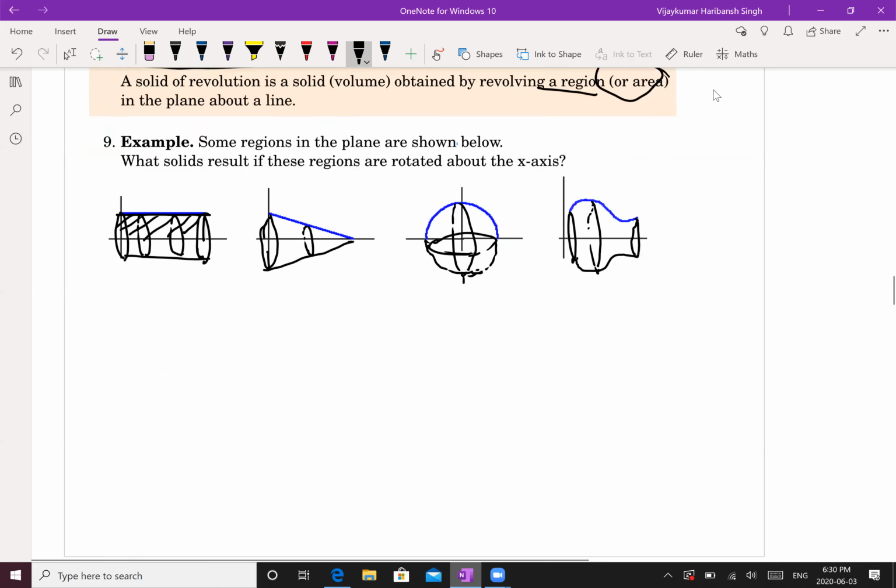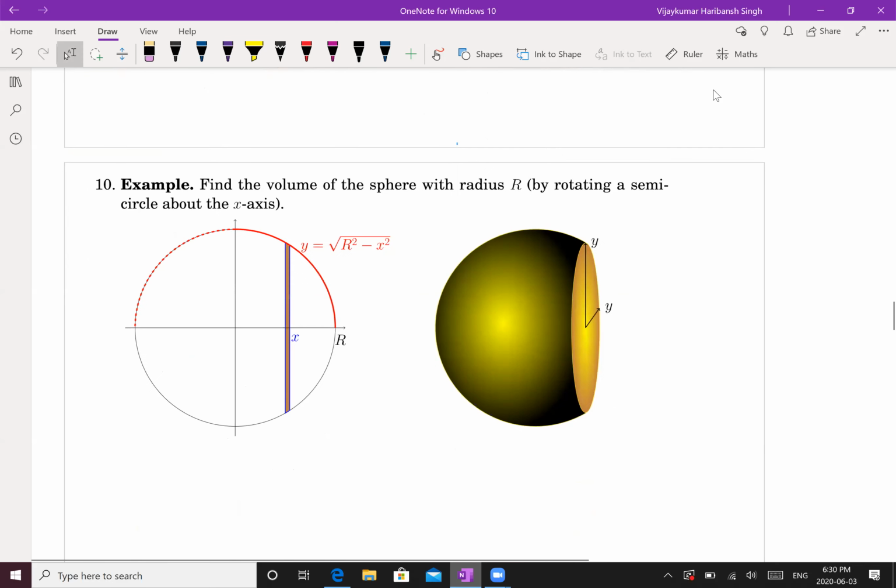Okay, so let's embark on this problem. Find the volume of the sphere with radius r by rotating a semicircle above the x-axis. So you have a semicircle. Make a cross section of the radius through the equator, or through the largest circle.